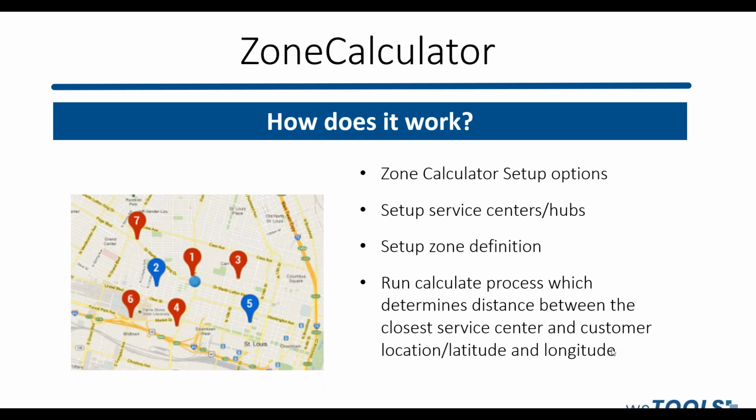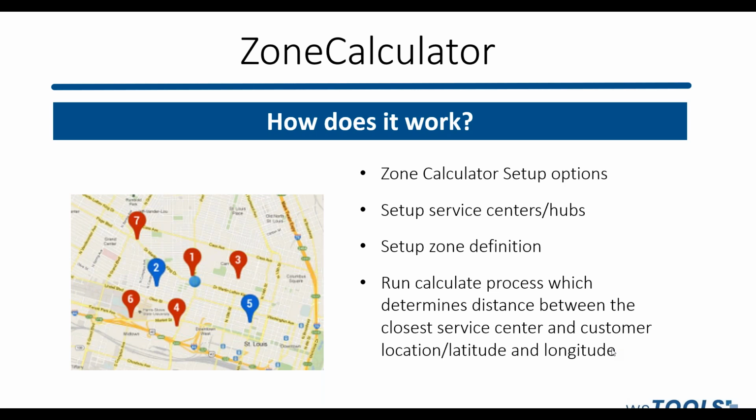The one thing I want to point out as well is we also run against latitude and longitude. So on your customer location record, if you have latitude and longitude, it will actually use that first, before it uses the customer location address.